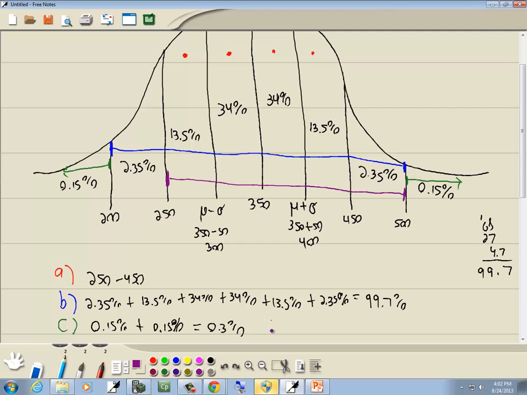Okay. D. So this first one is 13.5 plus 34 plus 34 plus 13.5 plus 2.35. So again, we're adding all of the bars between this end and this end.